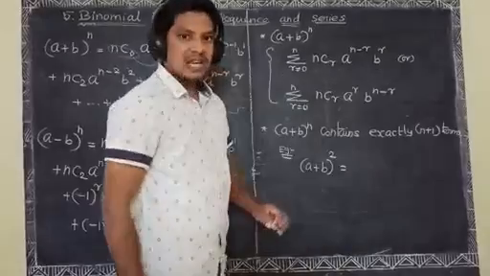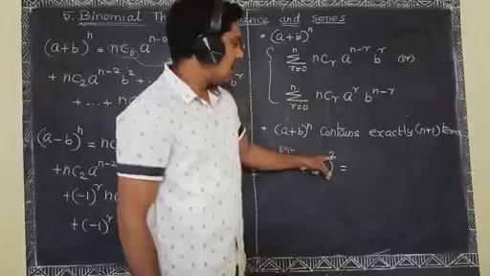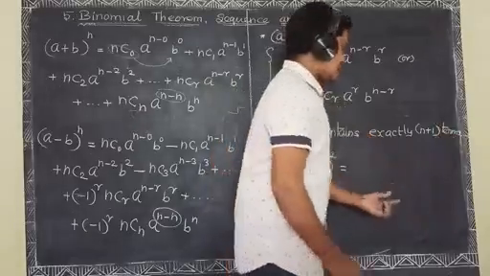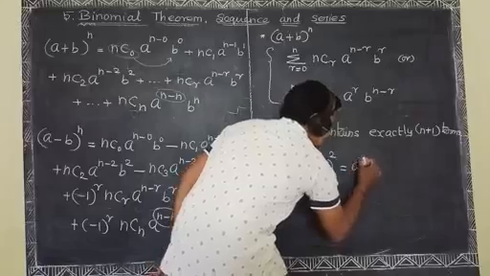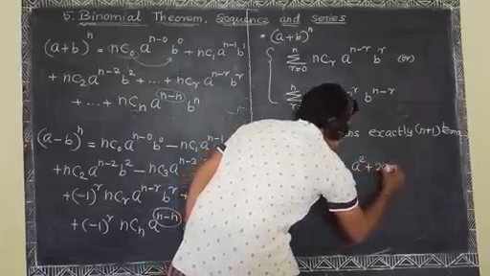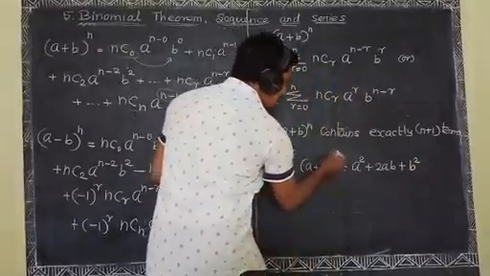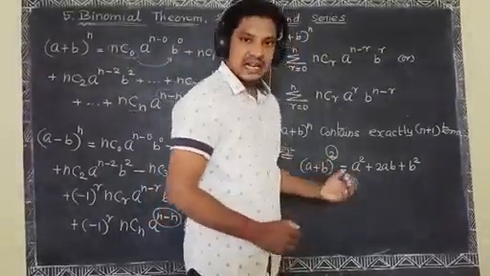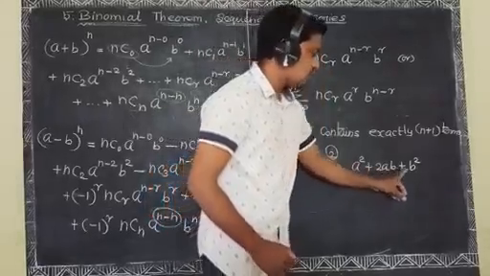Here the value of n is 2. Then the result is n plus 1 terms, that is 2 plus 1 is 3 terms. Here a square plus 2ab plus b square, isn't it? The whole power 2 means exactly the expansion containing 3 terms, 1, 2, 3.